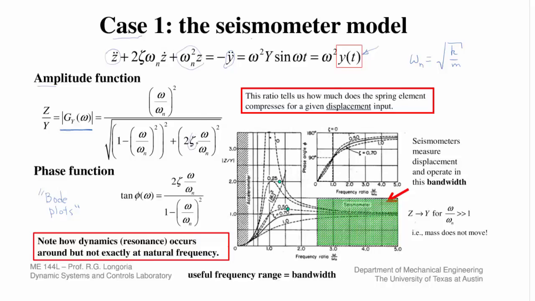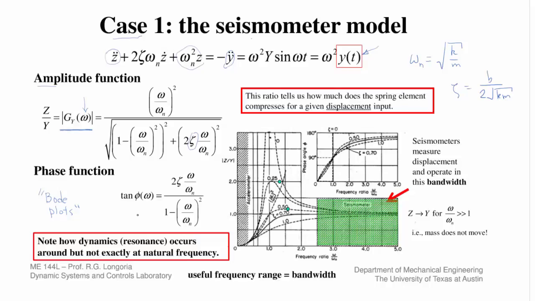And then here's the damping ratio also, which is zeta, b over 2 root km. So all I need to know in order to estimate how the amplitude varies over frequency, remember it's a function of frequency, is to identify these parameters. And also the phase function is important.